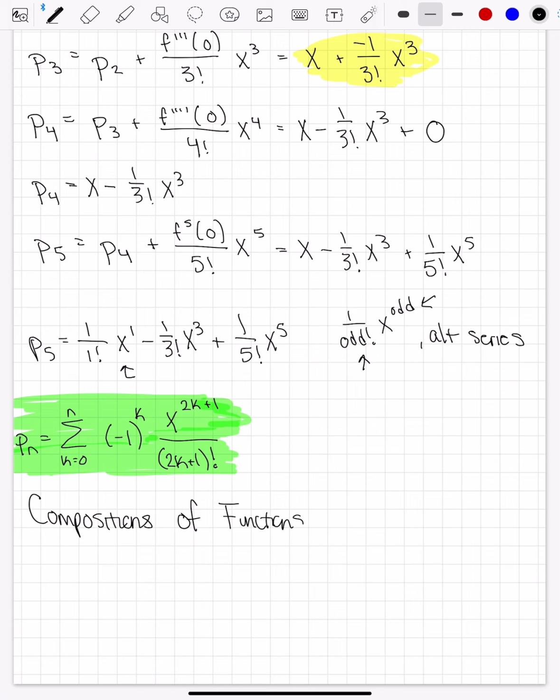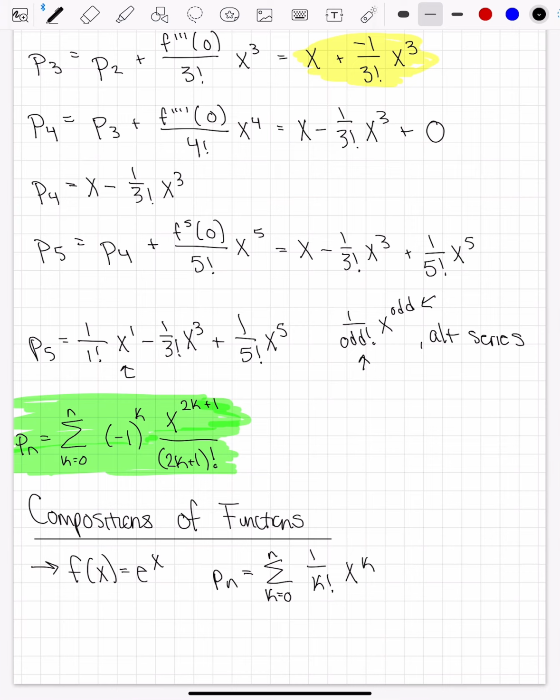For example, in the last example, I'm sorry guys that I got interrupted, for the function f of x equals e to the x, we found around 0 that the polynomial was the sum from k equals 0 of 1 over k factorial times x to the k.